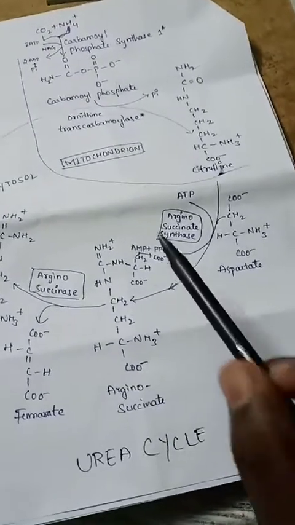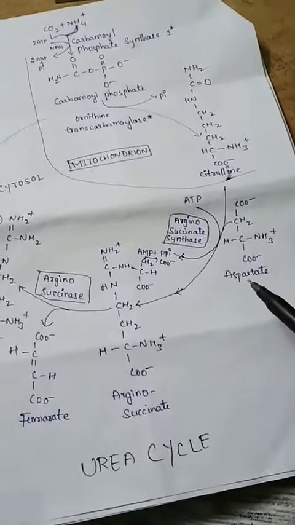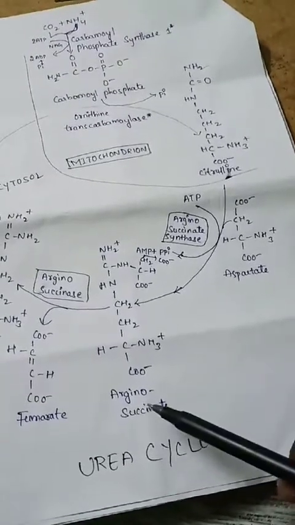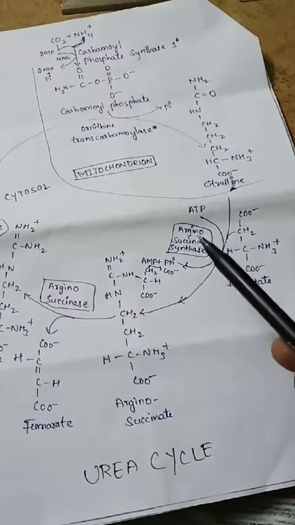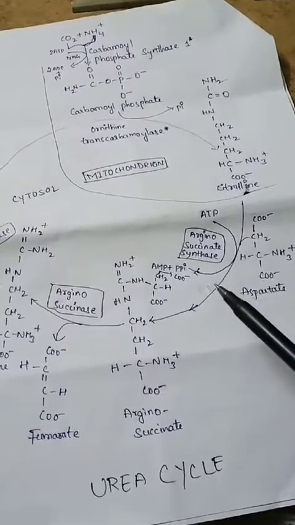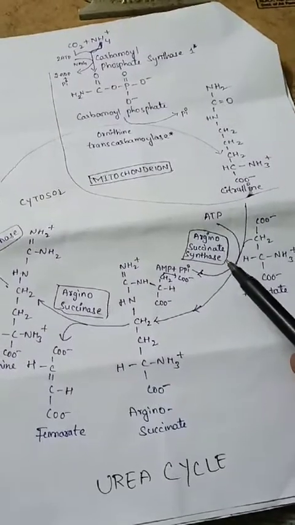The total name is arginosuccinate. The citrulline combines with aspartate to form arginosuccinate in the cytosol in the presence of arginosuccinate synthase enzyme. By utilization of ATP energy, it converts to AMP. Two phosphate molecules are utilized in this step.